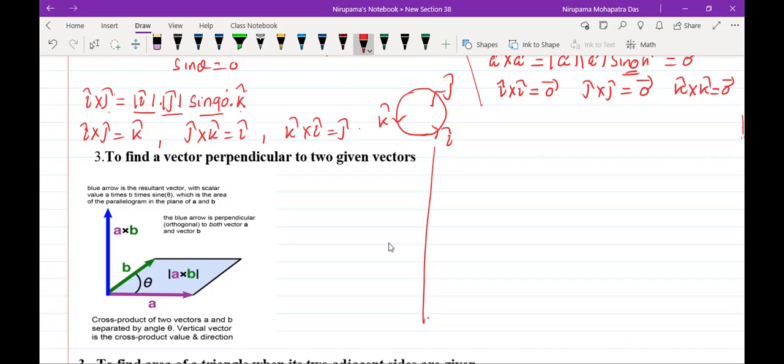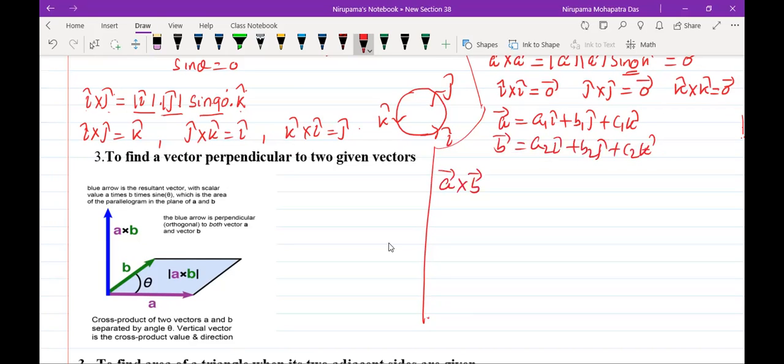Now suppose you are given A vector as A1 I plus B1 J plus C1 K, and B vector as A2 I plus B2 J plus C2 K. Now we want to find A cross B. The normal way we can write it here: A1 I plus B1 J plus C1 K cross A2 I plus B2 J plus C2 K. Now if I multiply as it is, A1 I with A2 I cross product, so A1 A2 I cross I is 0.